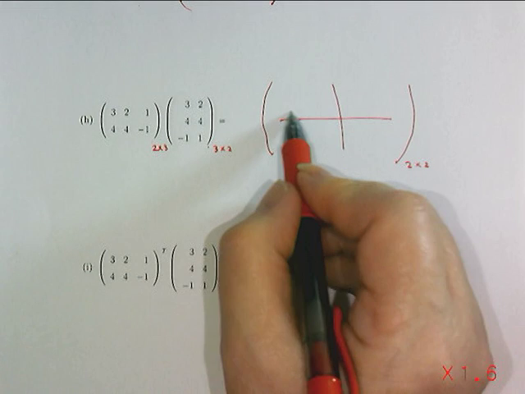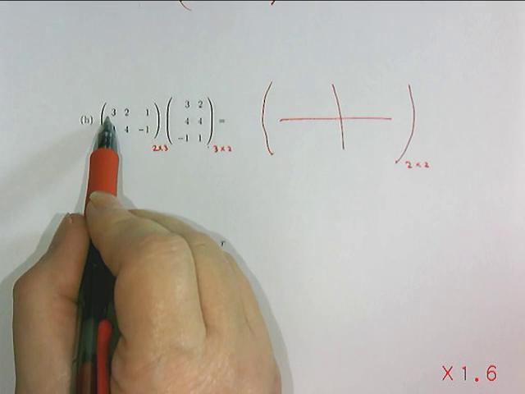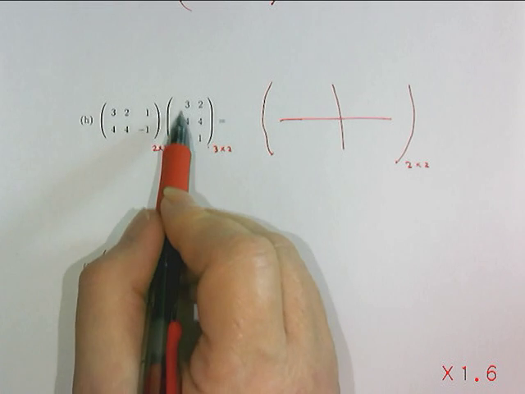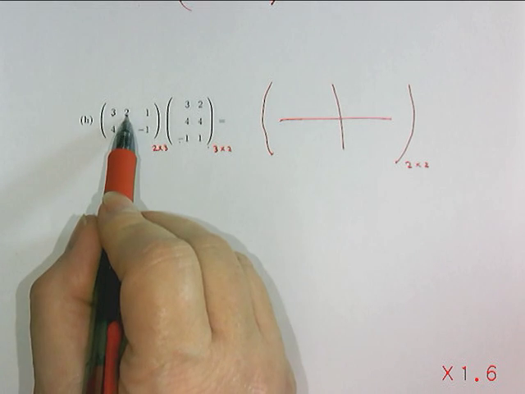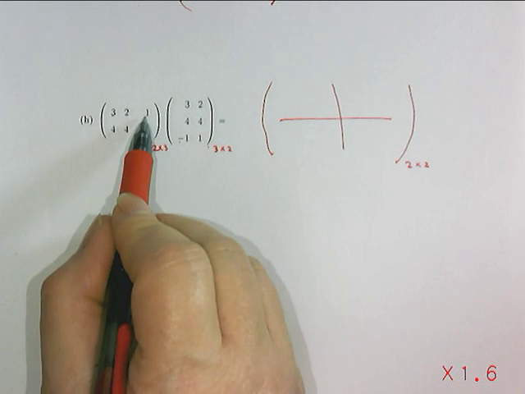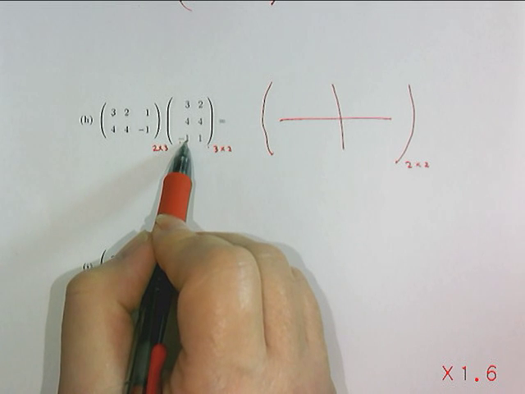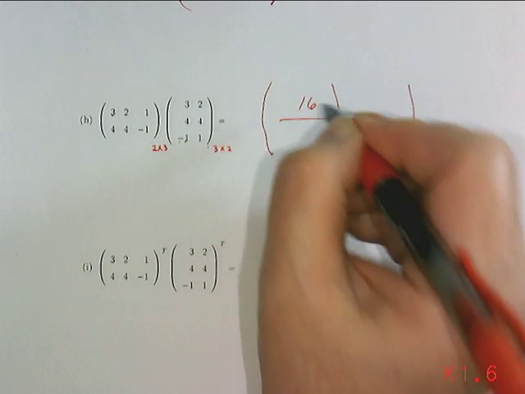If I want to figure out this first component, I can take the dot product of the first row here with the first column here. So that will be 3 times 3 plus 2 times 4 plus 1 times -1, which is 9 plus 8 minus 1, or 16.